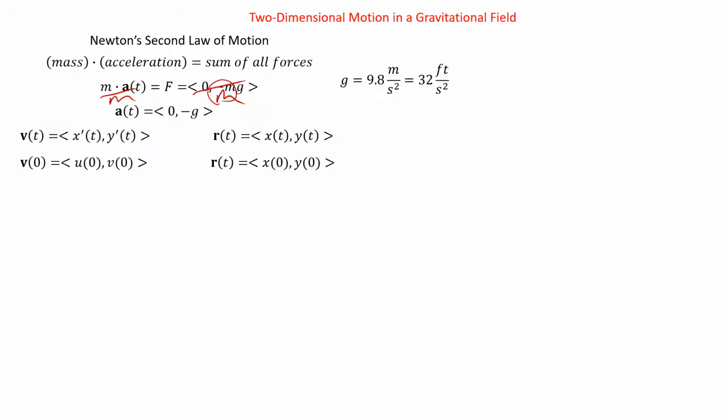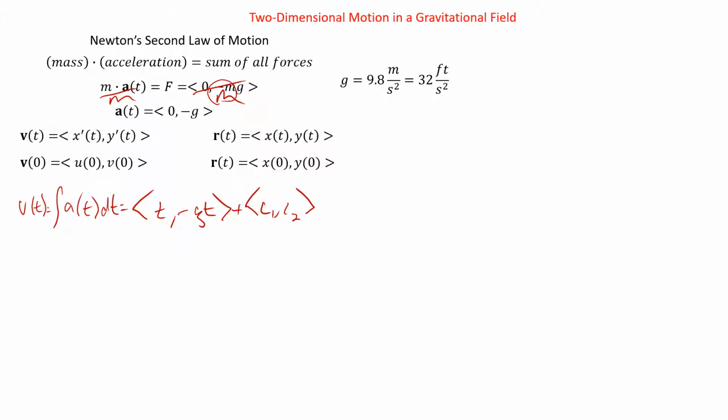So if we are going to take the antiderivative of a of t, v of t equals the antiderivative of a of t dt, which will equal, the 0 will just become a c, plus c, but we'll put the c on the end, and the negative g will become negative g of t, plus c1, c2.